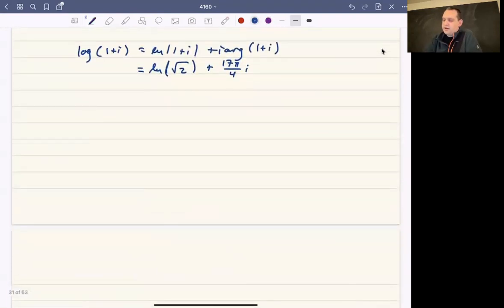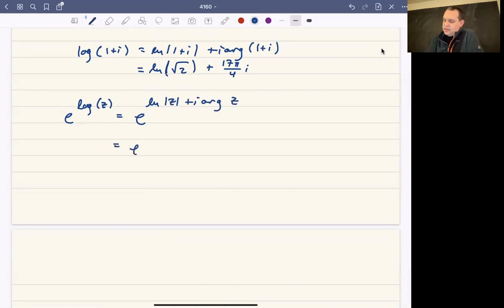But what this means now is that we have an inverse of the exponential function, so that e to the log of z is going to be e to the natural log of the modulus of z plus i arg z.